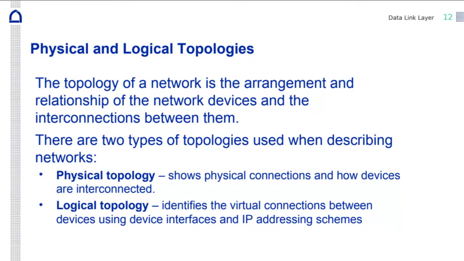Logical topology identifies the virtual connections between devices using the device interfaces and IP addresses. So I'm not talking in the logical about where my router is placed, in which room. I am talking about how we are building our network, the virtual connections, okay?